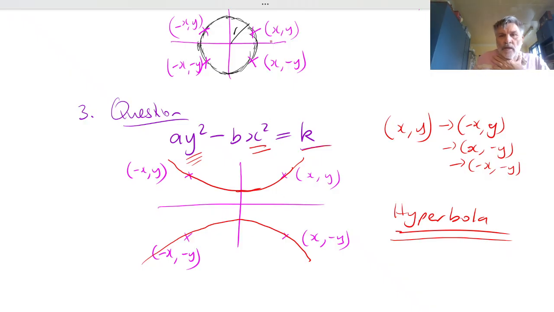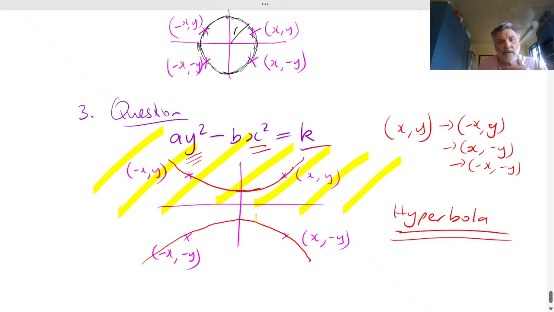But we also saw that every point in this upper half plane is excluded by the equation in the question. So an equation of this form always has this symmetry, so must include both parts. The equation in the question doesn't have that symmetry, so it can't have this upper part.